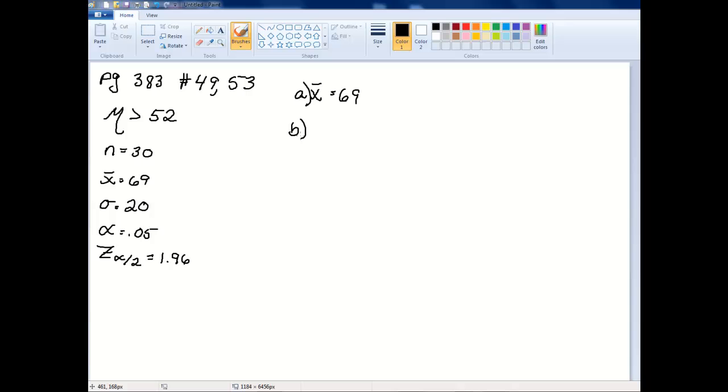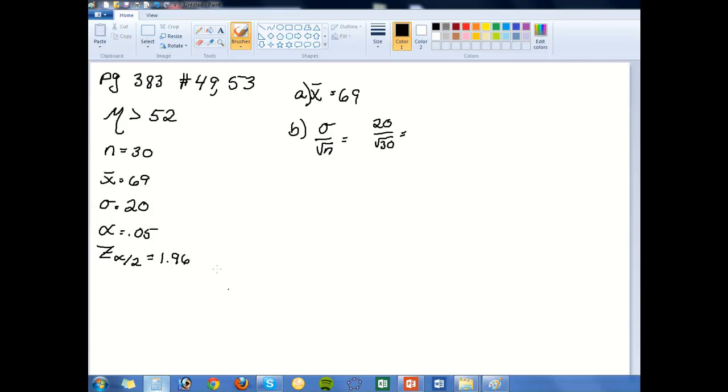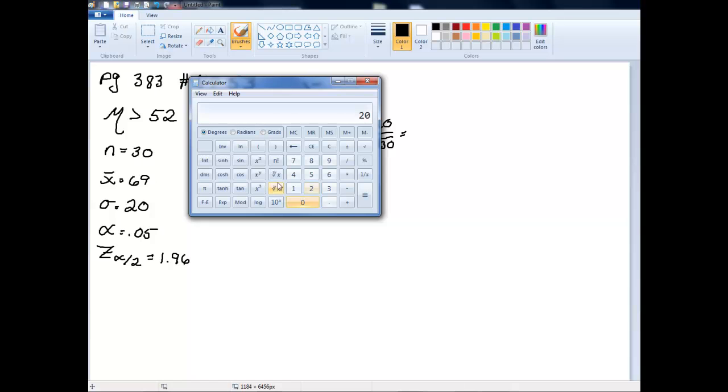B is asking us to calculate the standard deviation over the square root of n, so that we won't have to worry about it later. So that's 20 divided by the square root of 30. Plugging that into the calculator, 20 divided by, in parentheses, square root of 30, and press equals.